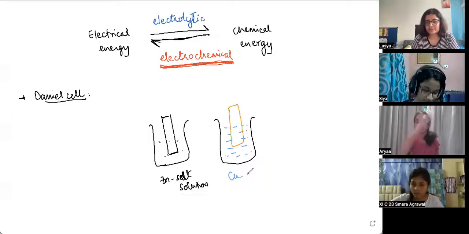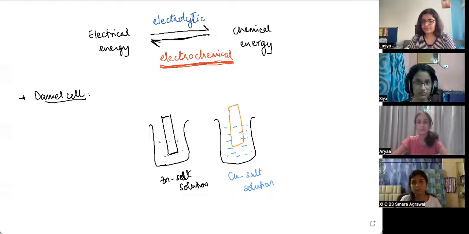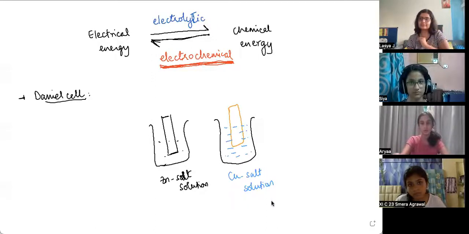So a Daniell cell we can just make in the lab, because a battery we need to buy, but a Daniell cell is just solutions with zinc and copper rods and a salt bridge. That's it.